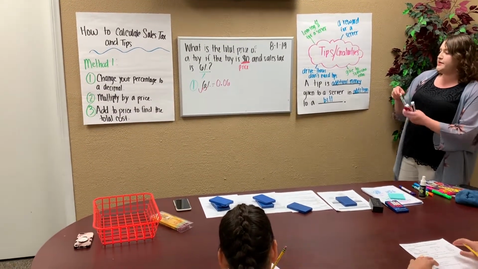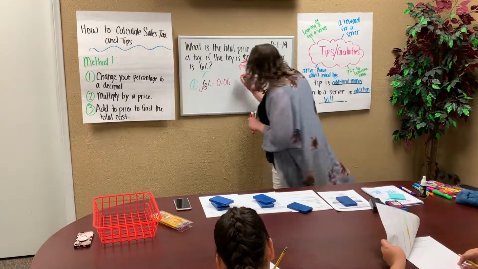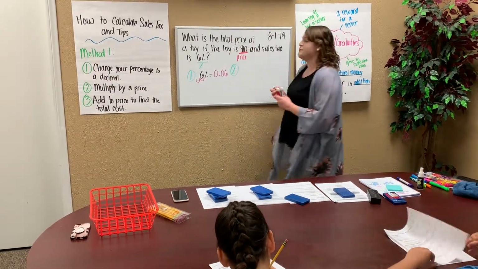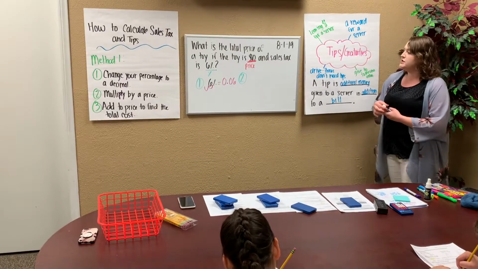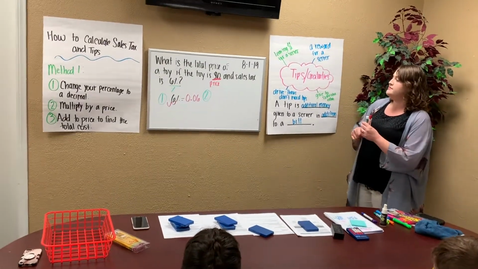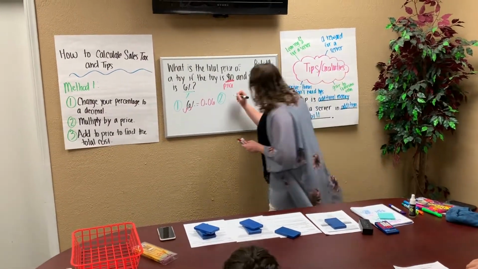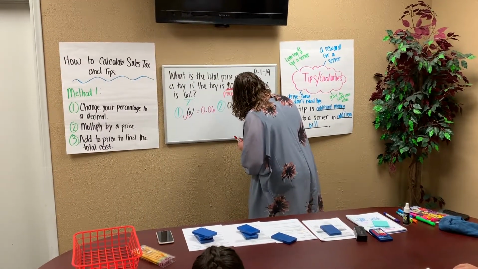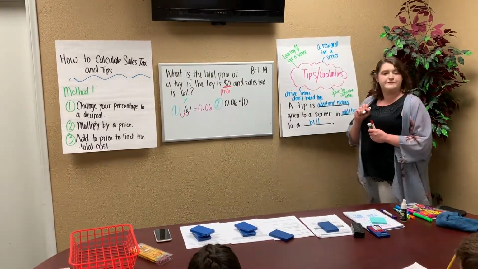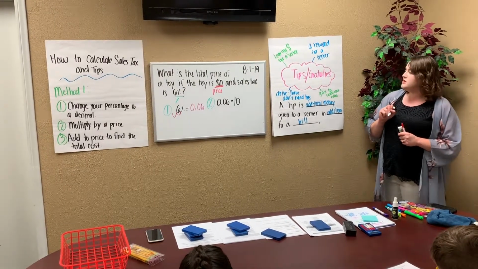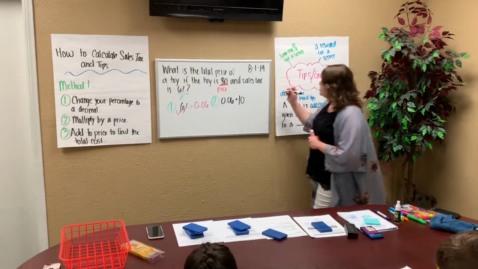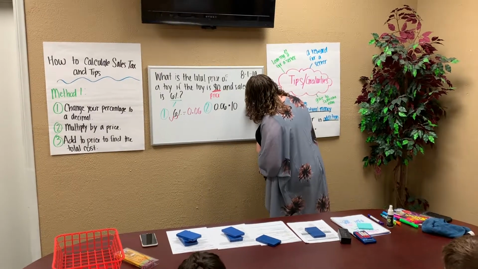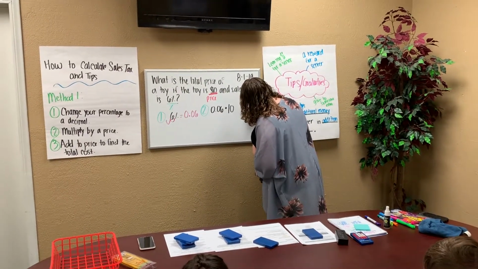My second step is I'm going to multiply by my price. So what's my price? $10. So I'm going to take 0.06 and multiply it by 10. Off to the side, I'm just going to do some multiplication: 10 times 0.06.